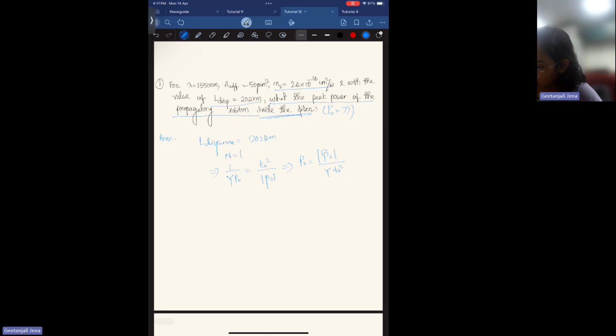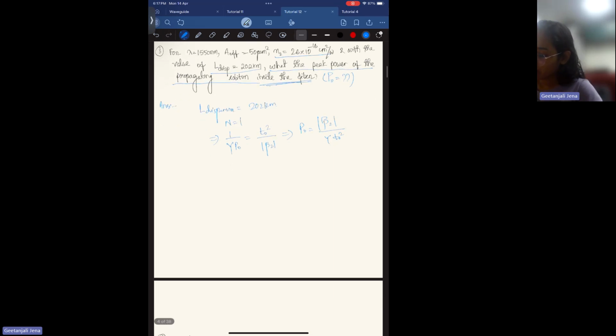In the question, the A effective is given. So gamma is not given directly, but if you recall, the expression for gamma is K0 N2 over A effective, and K0 is nothing but 2 pi over lambda 0.